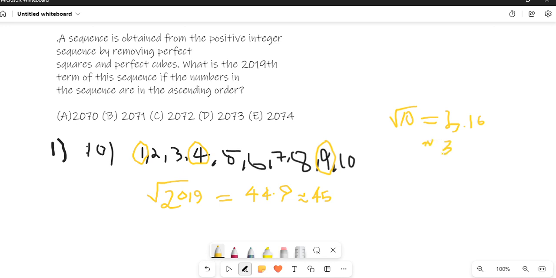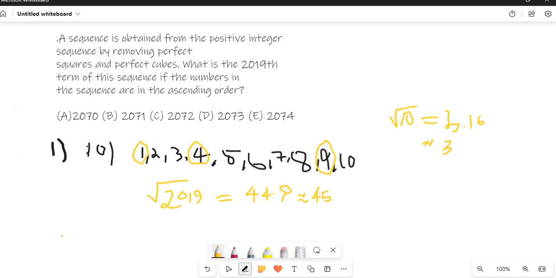And we know that there are 3 perfect squares before 10. So by this logic we have 45 perfect squares before 2019. Okay, is that clear to you?